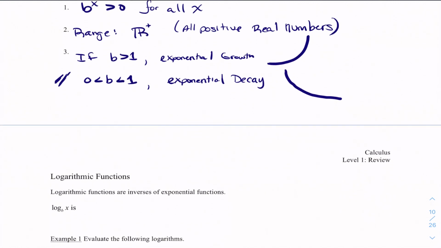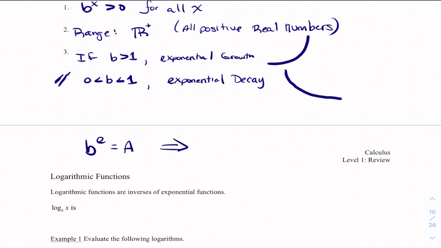So if you switch an exponential function to its inverse, if you have an exponential function, base, exponent equals answer.